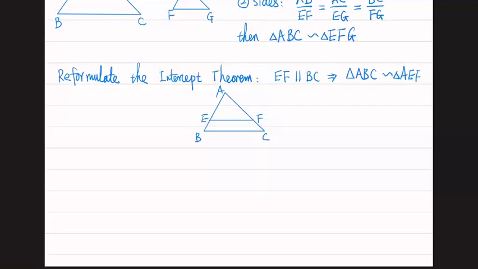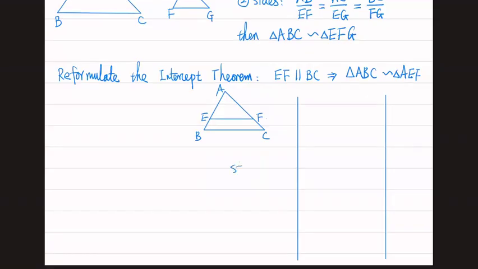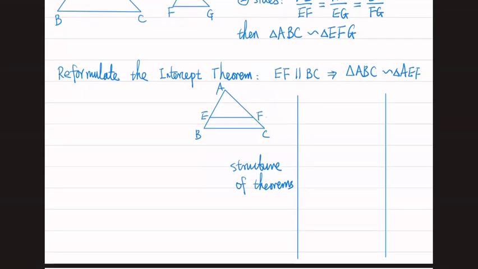Like mathematics, what we have is like a building. The fundamental one, we have the midpoint theorem, a very important theorem.